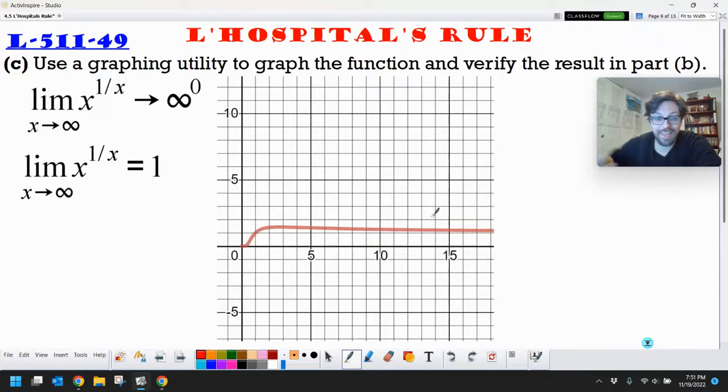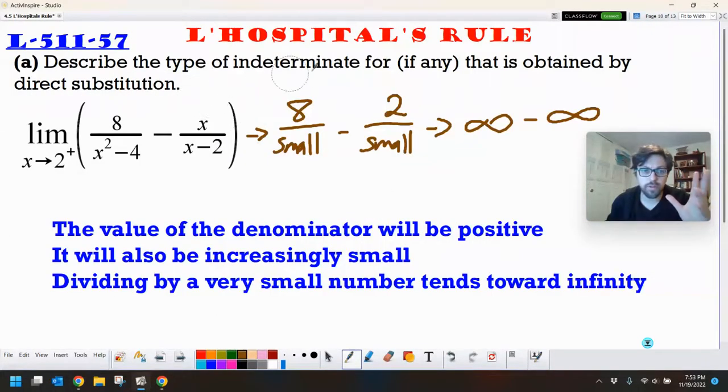In this example, we're trying to find the indeterminate forms. This one is infinity minus infinity. This x value is approaching 2 from the right. As we approach from the right, we're going to get a positive value from those two because we're going to have some value that's a little bit bigger than 2.